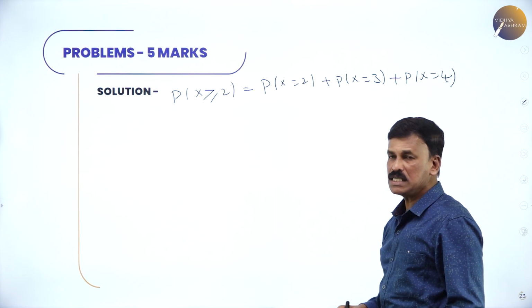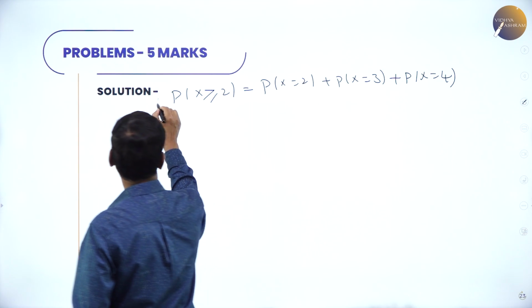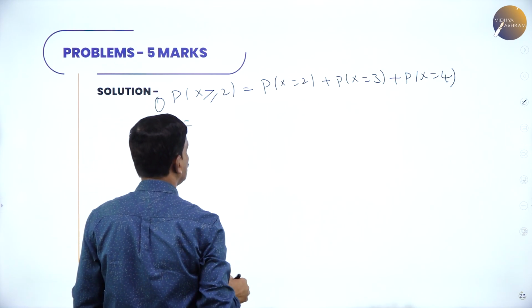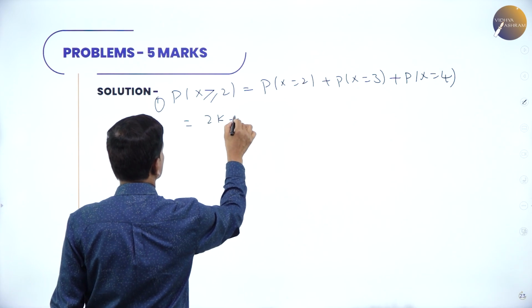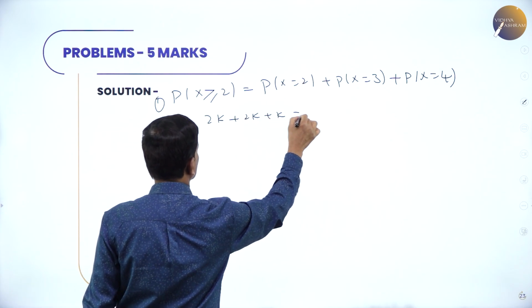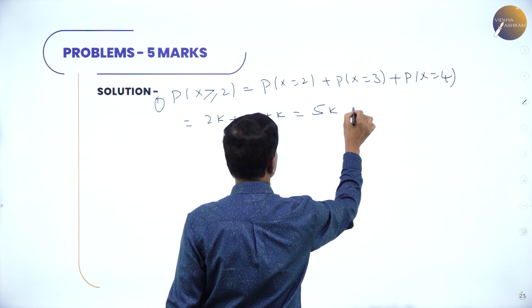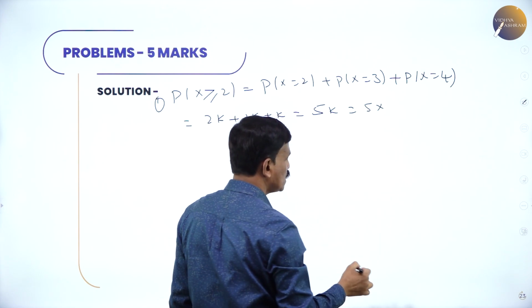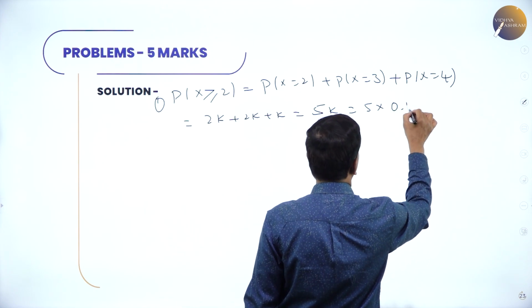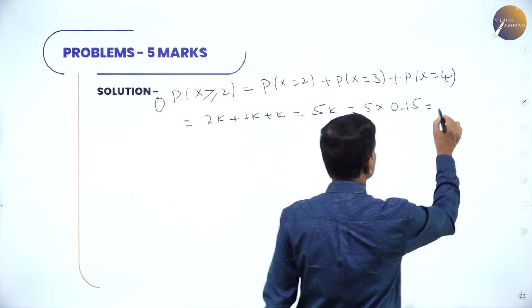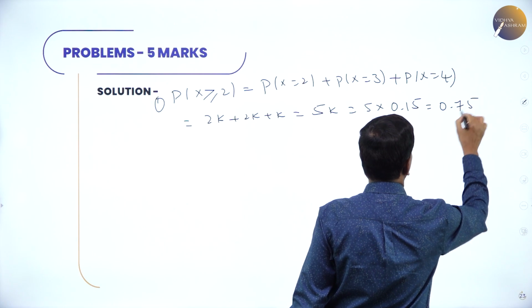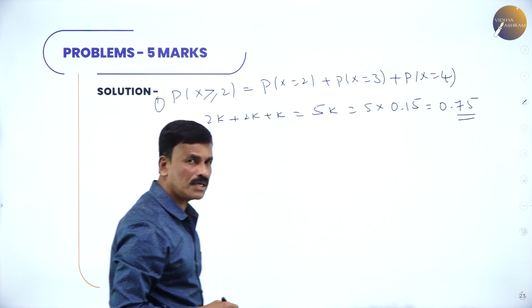What is probability of X equal to 2? 2K and 2K and K, that is 2K plus 2K plus K, which is 5 times K. 5 into 0.15, that's nothing but 0.75. So the required answer is 0.75.